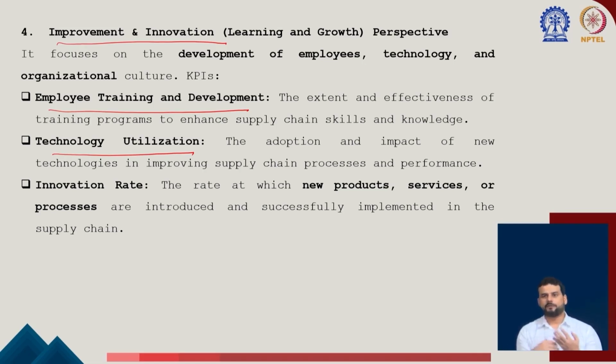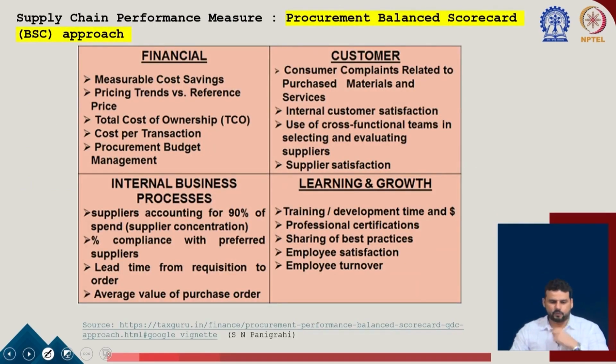If there is a WMS, warehouse management system, whether you have implemented or not. If we are talking about Industry 4.0 supported system, whether you are doing that or not, right? So how quickly you can improve and innovate.